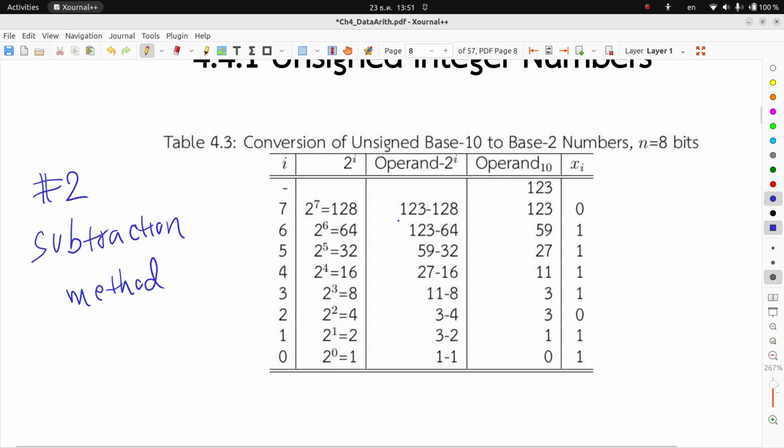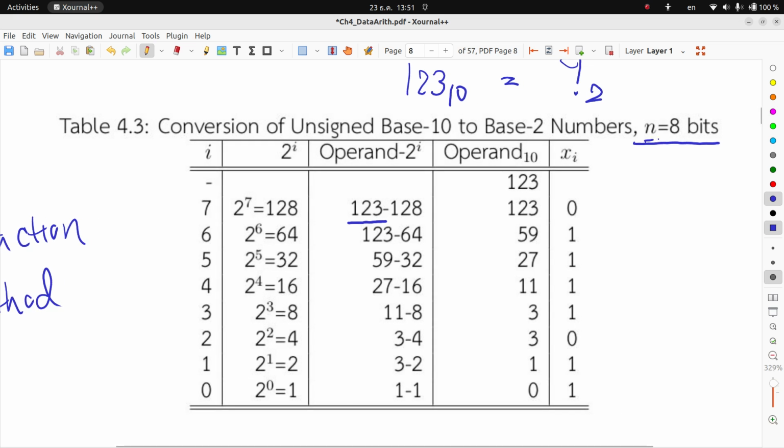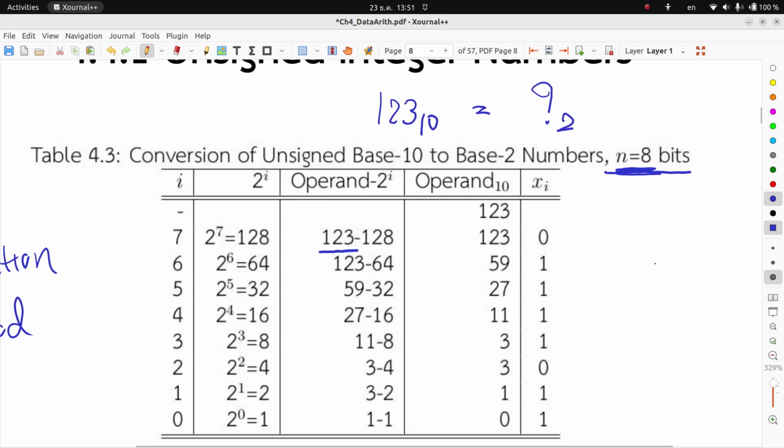Convert 123 base 10 to something base 2. For how long? For 8 bits long. For 8 bits. Okay? Therefore, when n equals 8, oh, by the way, we look at this as unsigned. Okay, unsigned base 10. Keep in mind, this number is unsigned.